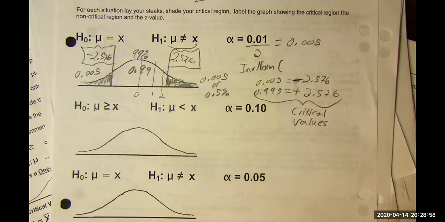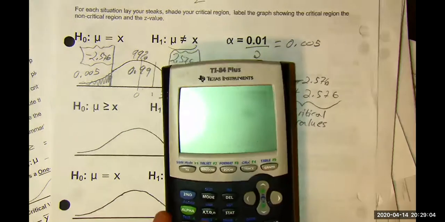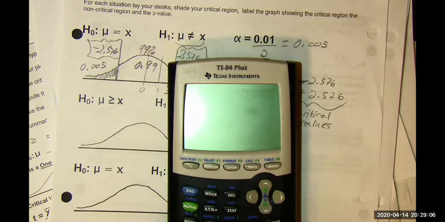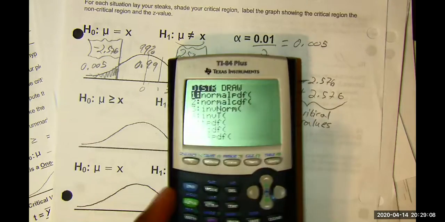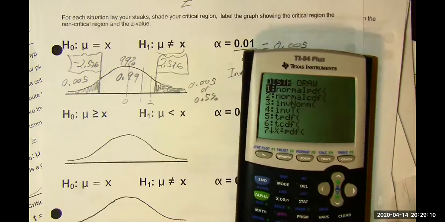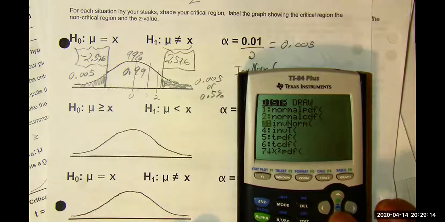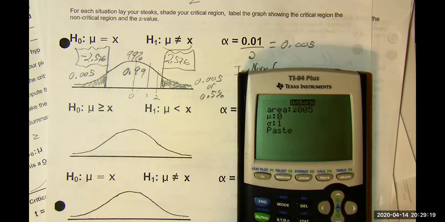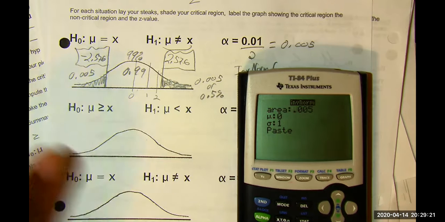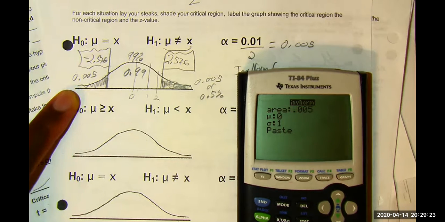I'm going to now use my calculator and use the inverse norm feature. Okay. So inverse norm, because our alpha has everything to do with the proportion. We are talking about the normal distribution. We're not at t distributions yet. Our area for the left end, 0.005.